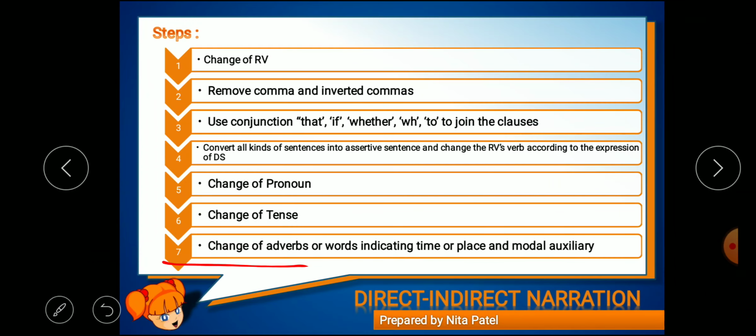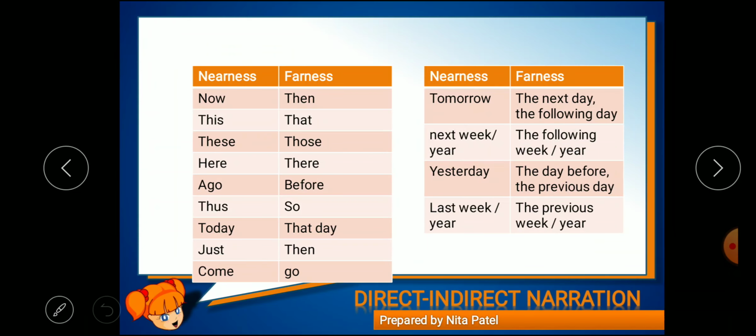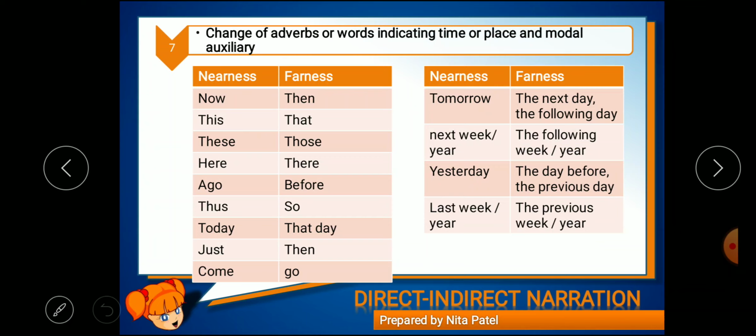And the last step is the change of adverbs or words which indicate time or place, or modal auxiliaries, which we also have seen in the table. The words that suggest nearness will have to be changed into words that express farness, right?